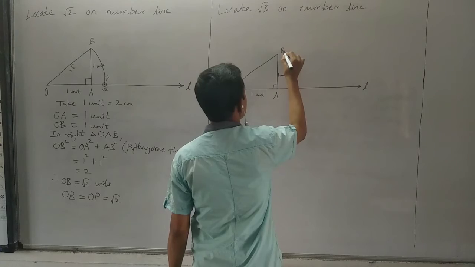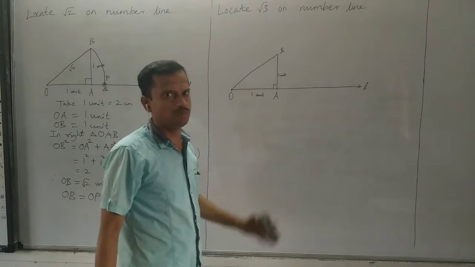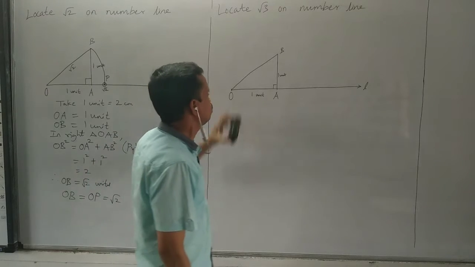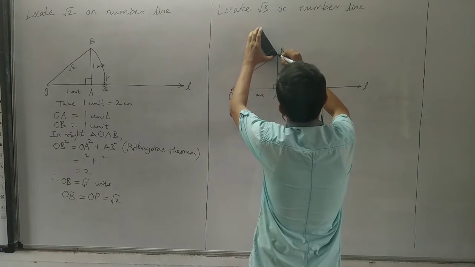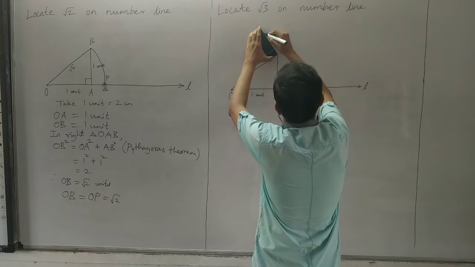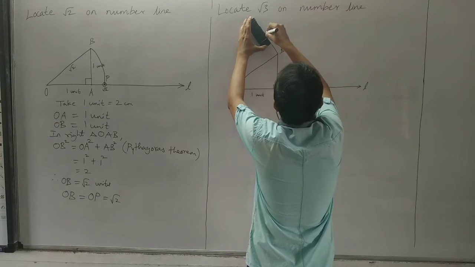This is B. And now again, keeping OB as horizontal, you draw another perpendicular at B. Like this you can draw.